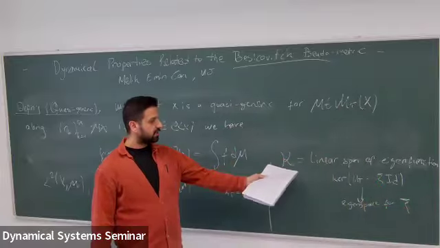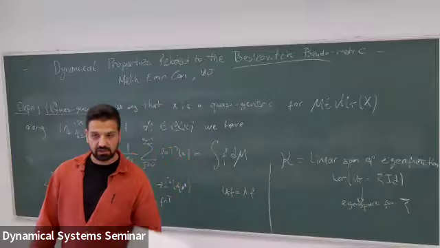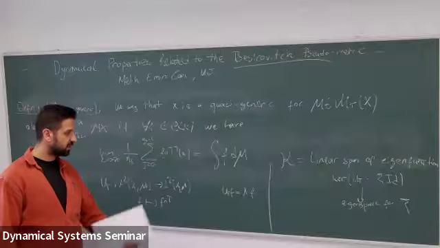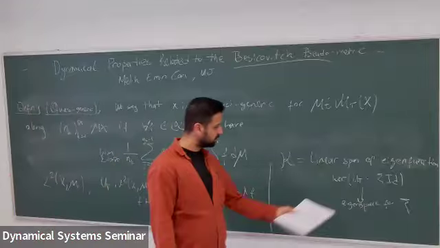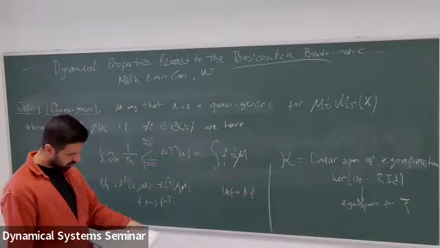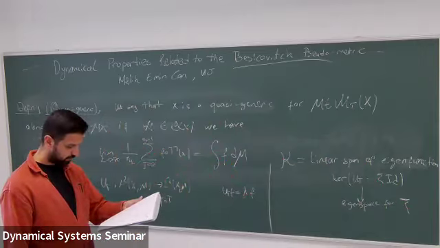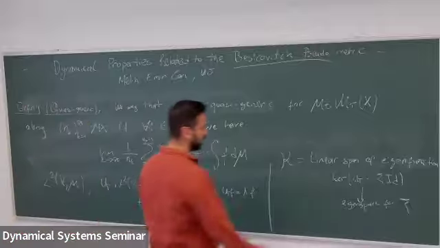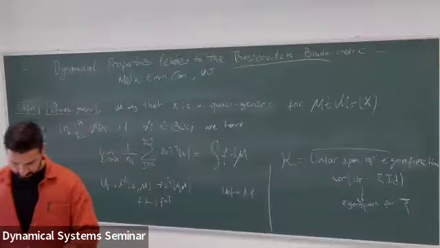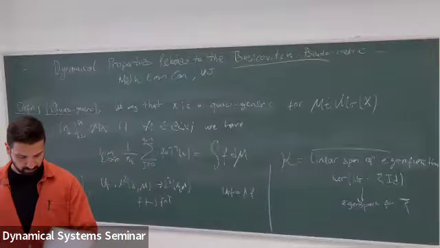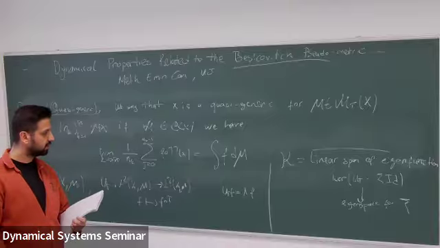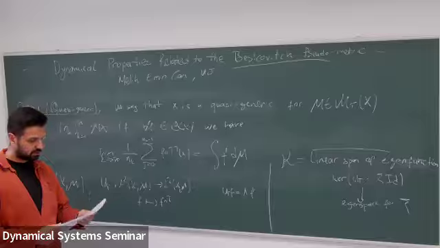K is the linear span of eigenfunctions. The eigenspace is basically eigenfunctions, so you don't take the closure for K. I take the closure for those linear subspaces. The Koopman operator is a unitary operator.